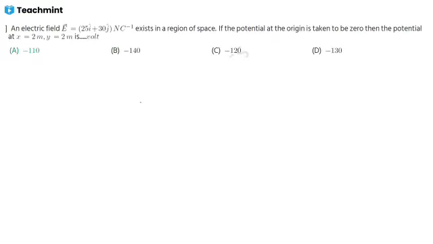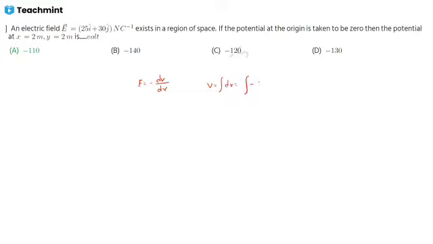An electric field E bar they given 25I plus 30J exists in a region of space. If the potential at the origin is taken to be 0, then the potential at x is equal to 2 and y is equal to 2 volt. So we know that the relation between electric field and electric potential as E is equal to minus dV by dr. And now they are asking about potential V. It is nothing but integration of dV.